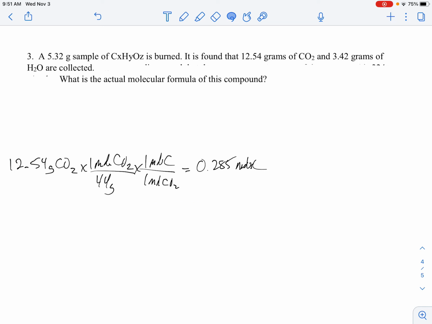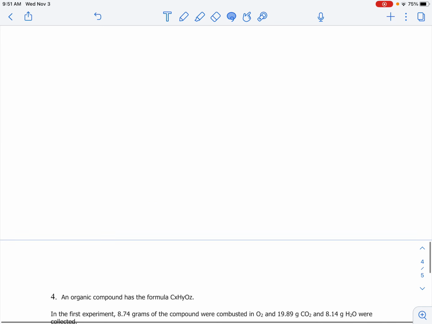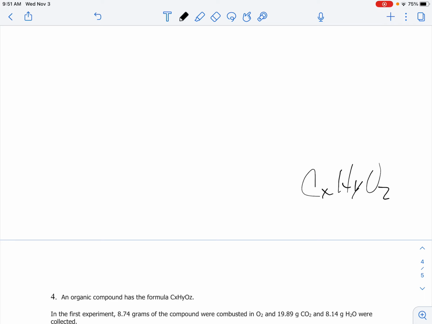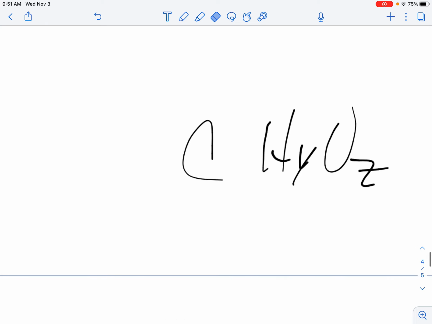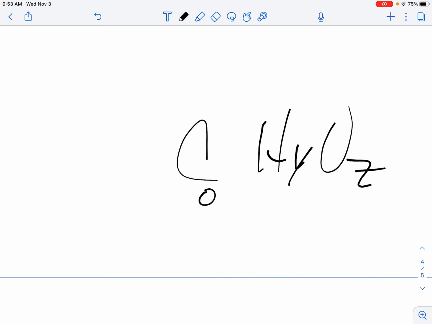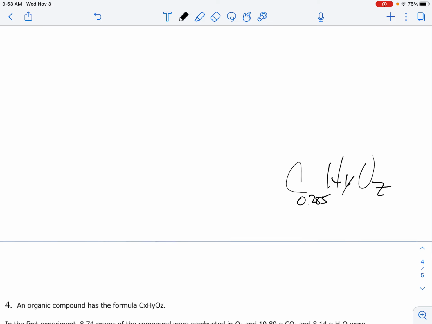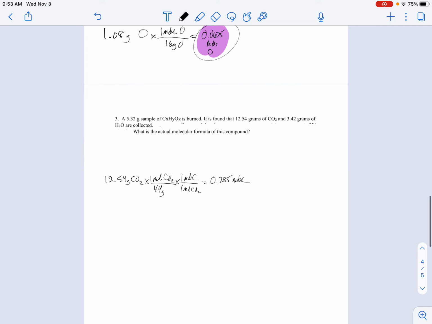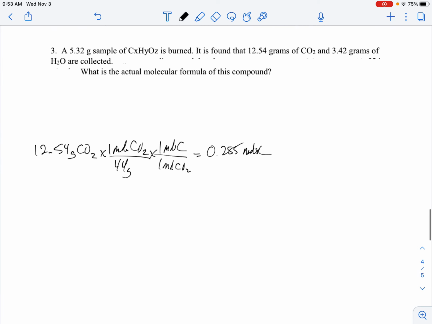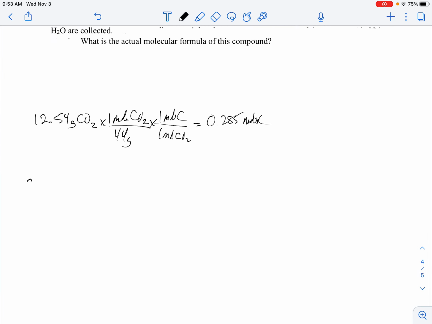That number I'm going to put down here this time as C, X, H, Y, O, Z. I'll put that in for my X, and that's 0.285. Going to do the same thing with the water. So I have 3.42 grams of water times 1 mole per 18 grams.